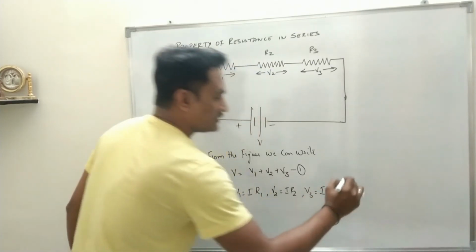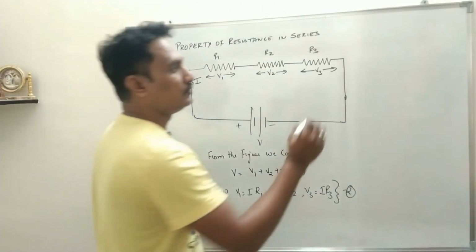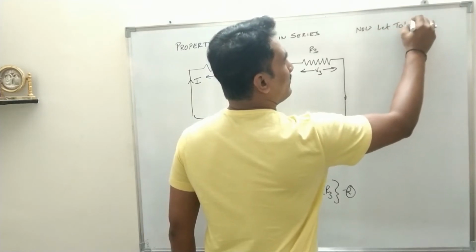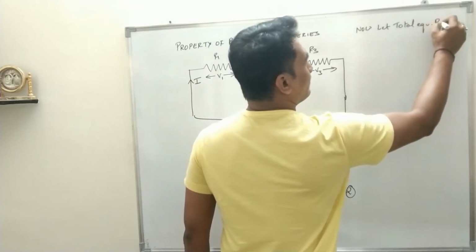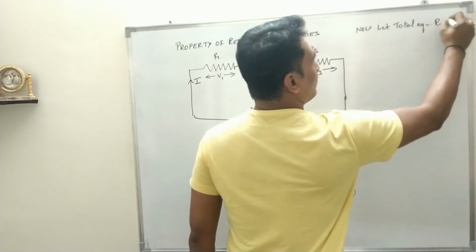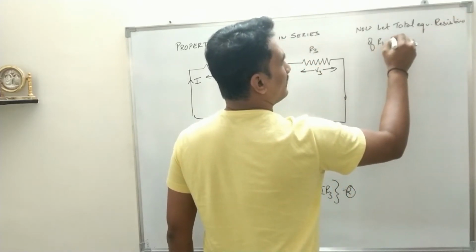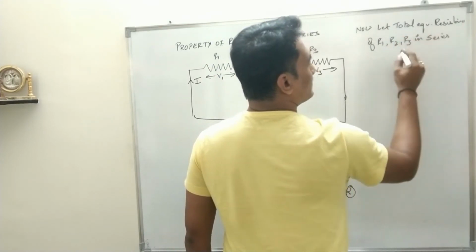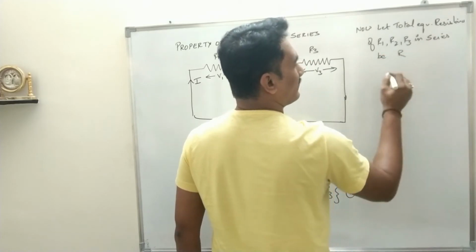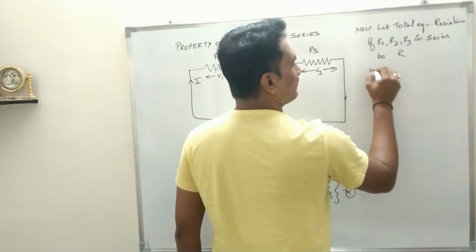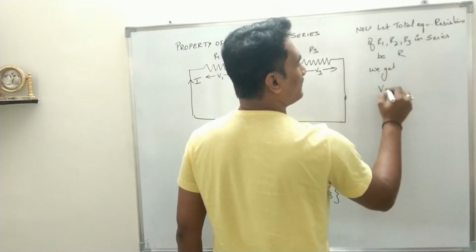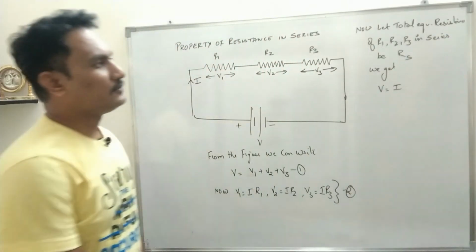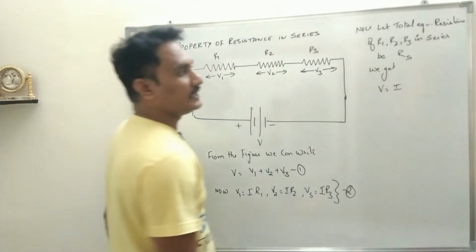Let this be equation number 2. Now let the total equivalent resistance of R1, R2, R3 in series be RS.